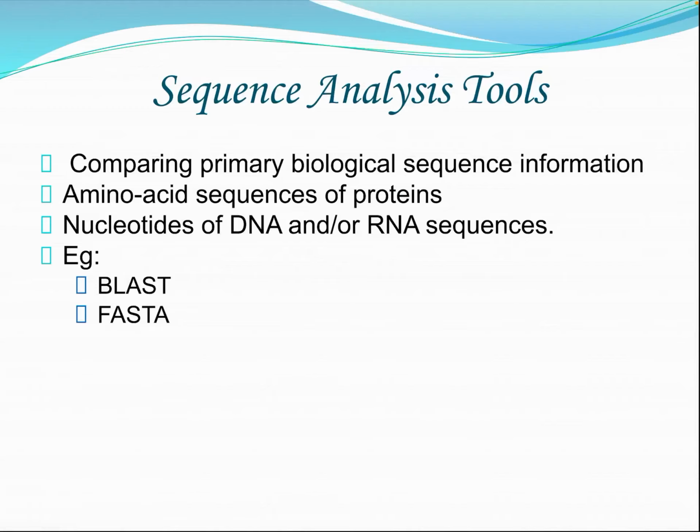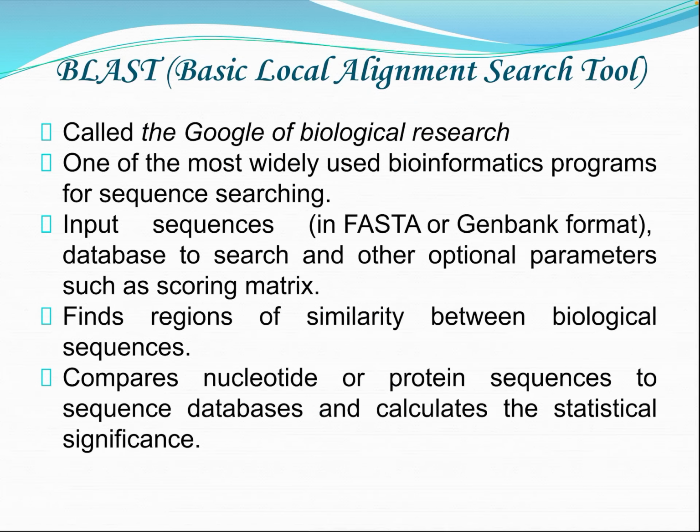Sequences can be searched for, comparisons can be made, and a lot of analysis techniques can be implemented. Some examples are BLAST, then FASTA, and other than BLAST and FASTA, there are a lot of other tools also available for sequence analysis.